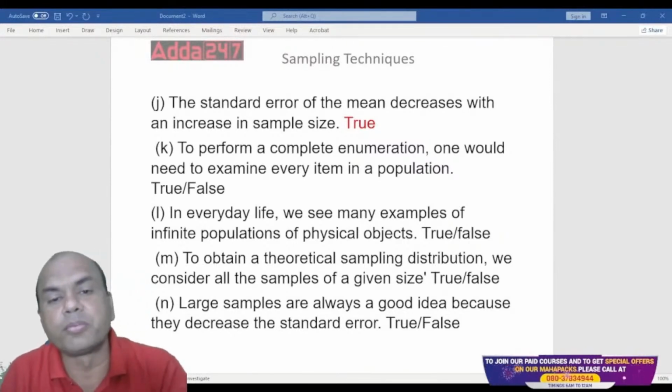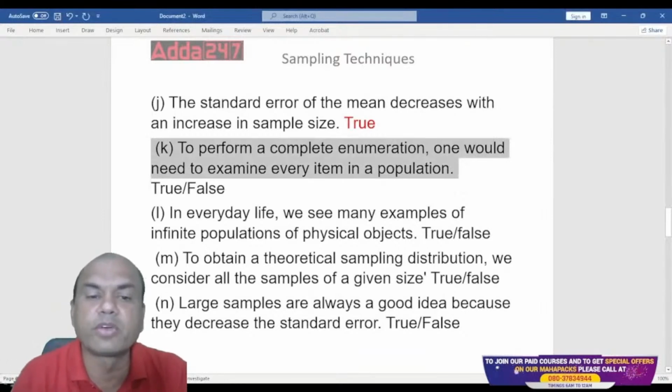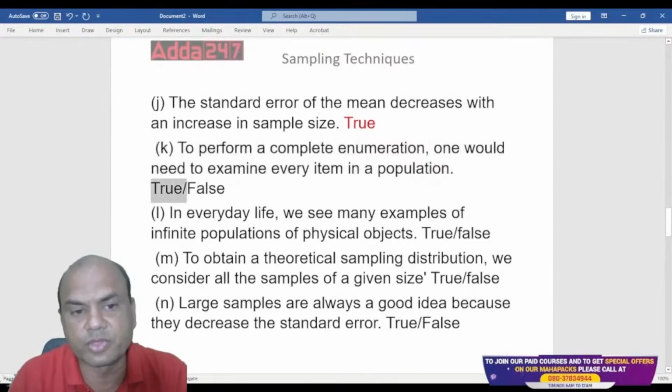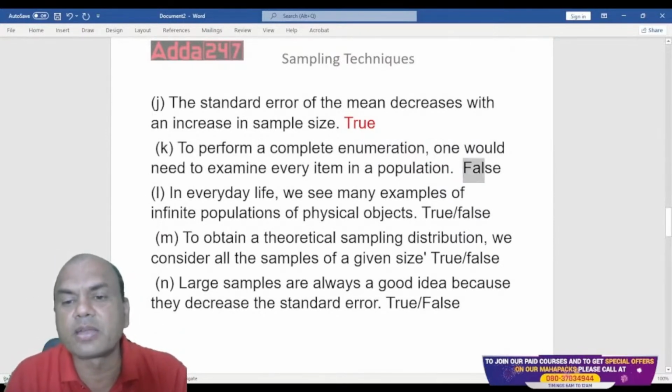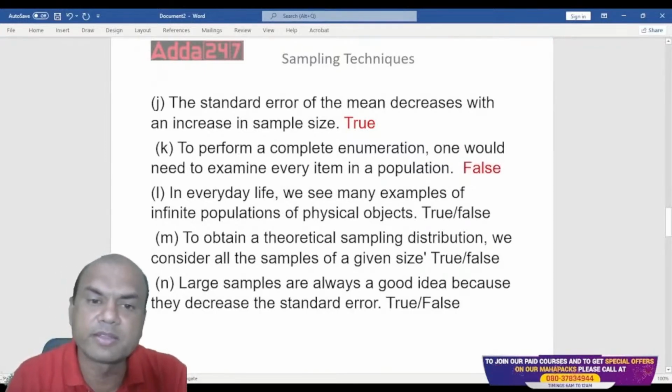So to perform the complete enumeration, one would need to examine every item in the population. So that is false. You need not do the enumeration of each and every item or do the survey of each and every element of that sample.